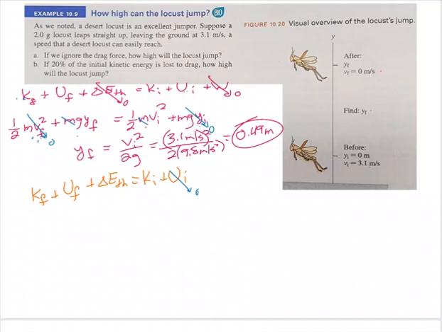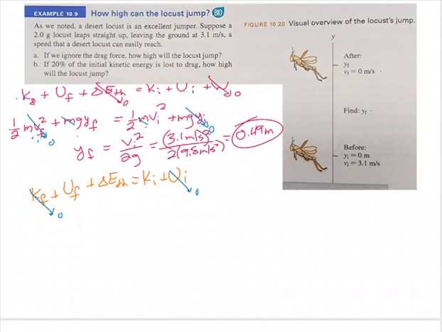Gone. We also know there is no K final. Gone. So how come there is thermal? Okay, so with drag now, that means we're losing energy to friction, which is going to create heat. So then there must be thermal. Okay? So that one's going to stick around.